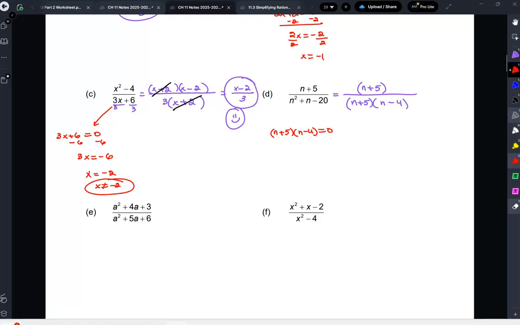The denominator is n plus 5 and n minus 4. I just factored, but I haven't canceled yet, right? So now this will be n equals negative 5, n equals 4. So n can't equal negative 5, n can't equal 4.